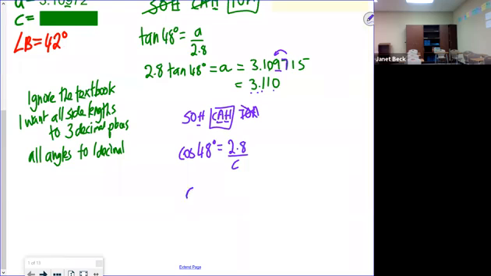Cross multiply: C times the cosine of 48 degrees equals 2.8. So now divide by cos 48. And just tap that into your calculator.